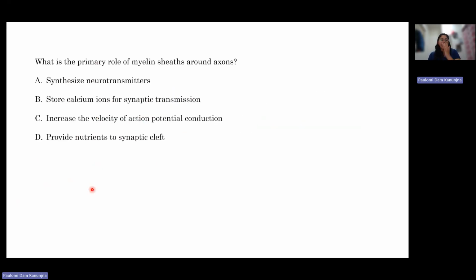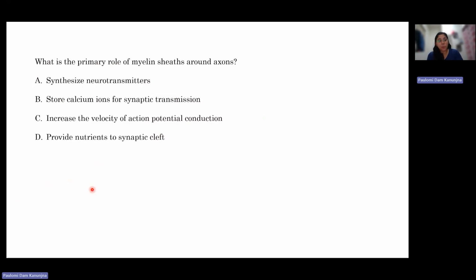Next, what is the primary role of the myelin sheath around axons? We have discussed this so many times. All these questions are just a way of making this topic simpler for you. I will wait for 30 seconds because this is an easy question we know already.